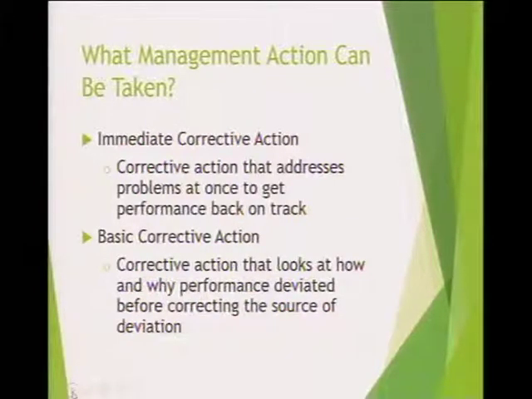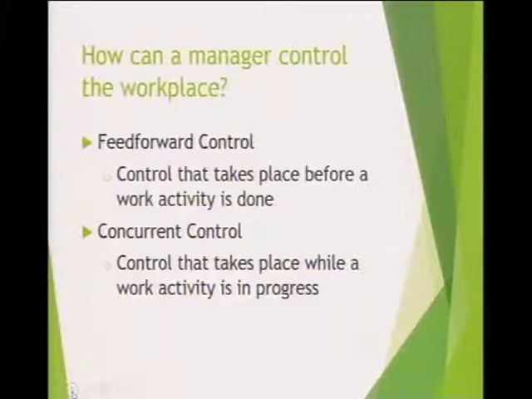The second one is basic corrective action, which looks at how and why performance deviated before correcting the source of deviation. So you can carry out the immediate corrective measures, or you try to understand why and how performance went wrong.